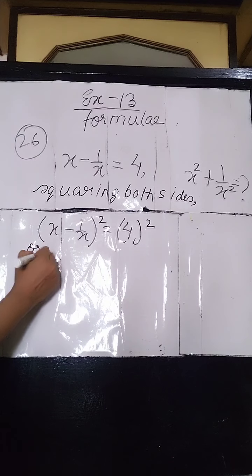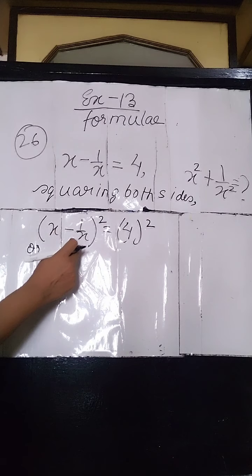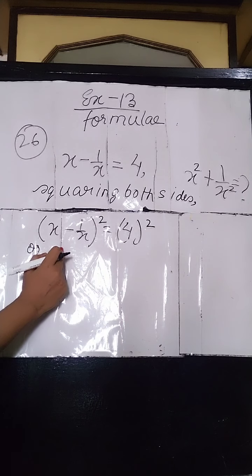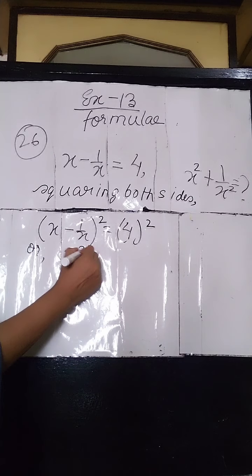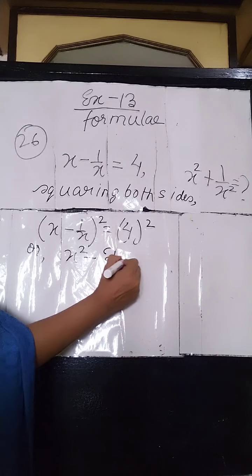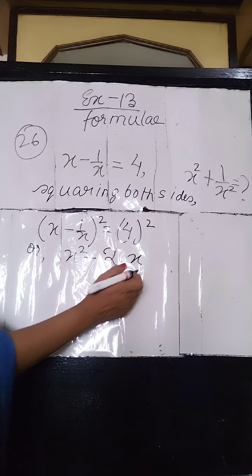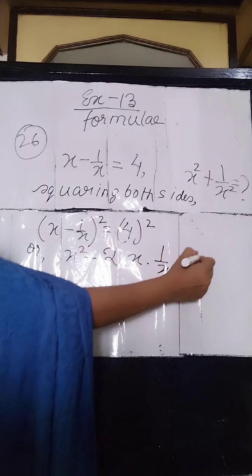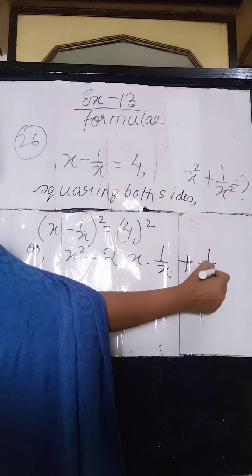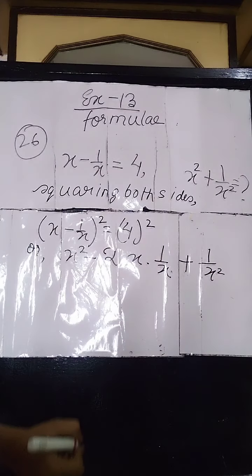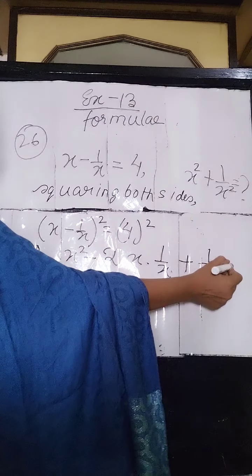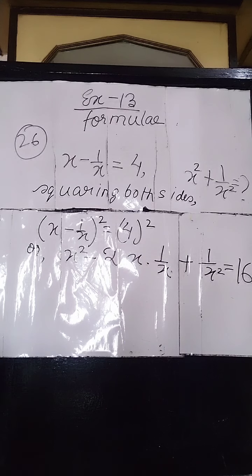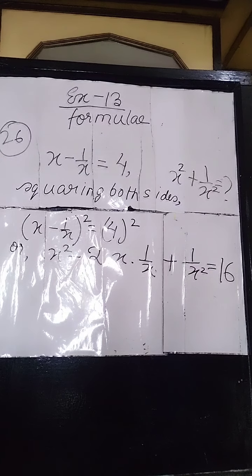Now we will apply the formula of a minus b whole square. Applying the formula, we get a square, that is x square, minus 2 into a into b, that is 2 into x into 1 by x, plus b square, that is 1 by x square, is equal to 4 4s are 16. So in the right hand side we will write 16.